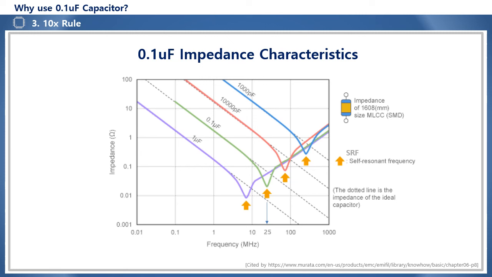Therefore, in actual applications, instead of using just 0.1 microfarad, a design is applied that improves the noise bypass characteristics by configuring a value that is 10 times larger and a value that is 10 times smaller in parallel based on 0.1 microfarad to secure a low impedance range from low to high range.